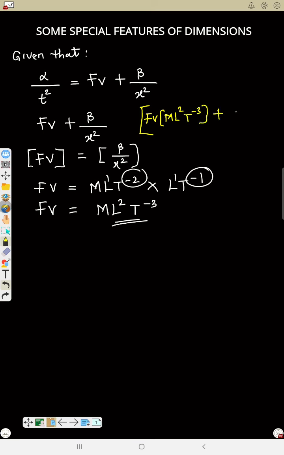That means if you add it to another quantity, beta over s squared, the dimension of this one must also be ML squared T raised to power minus 3 for you to be able to add it together. They must have the same dimension.